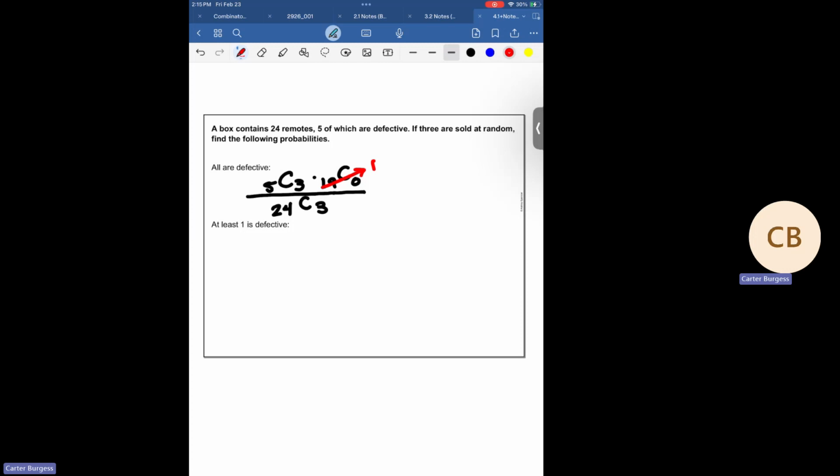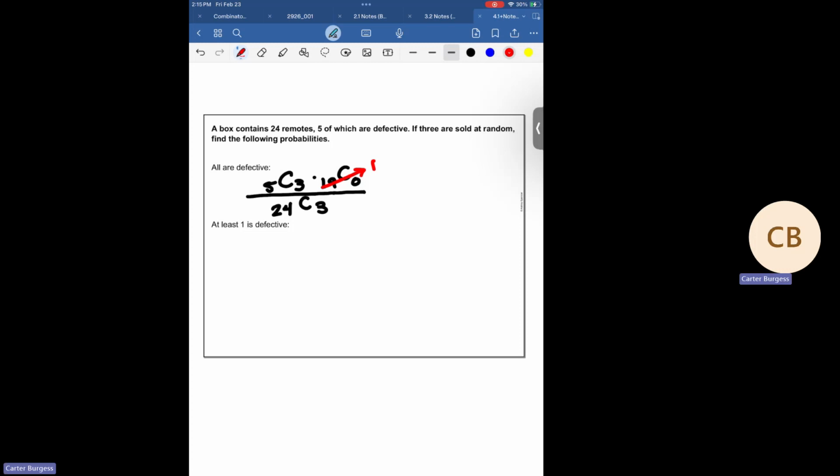Okay, final one that we're going to look at. The probability that at least one of our remotes is defective. This gets to be a little bit tricky, because what are the outcomes that I could see that would fit that bill?